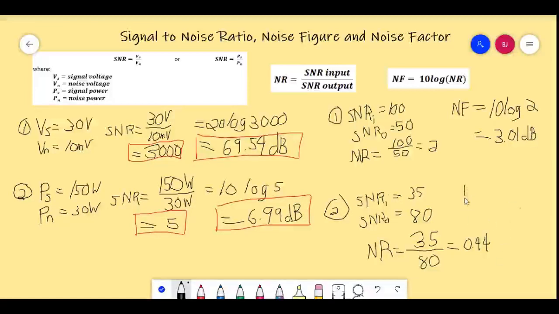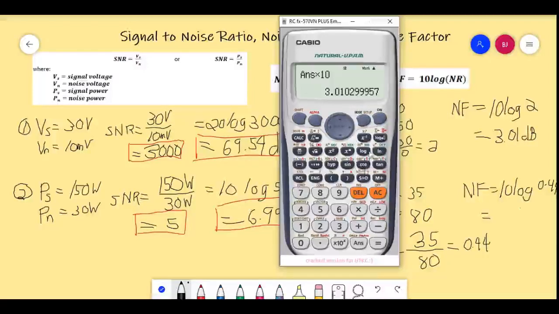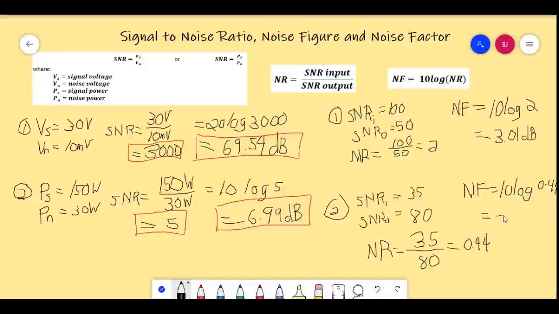And for our second example, a noise factor is just 10 logarithm of our answer from our number 2 example, 0.44. So we should expect a negative decibels here. There we go. So logarithm of 0.44 multiplied by 10, giving us negative 3.57 decibels.